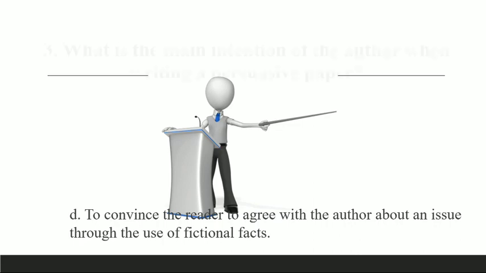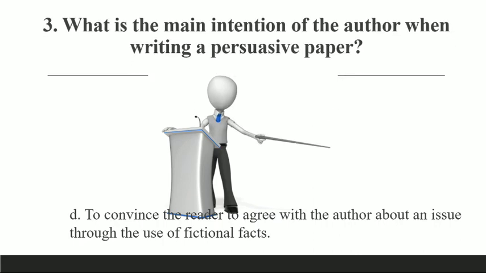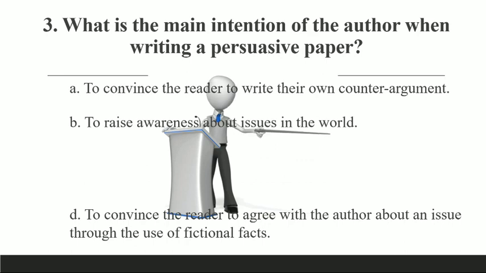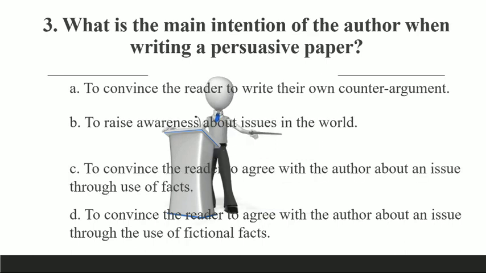Number 3, what is the main intention of the author when writing a persuasive paper? So what are their intentions? A. To convince the reader to write their own counter-argument. B. To raise awareness about the issues in the world. C. To convince the reader to agree with the author about an issue through the use of facts.